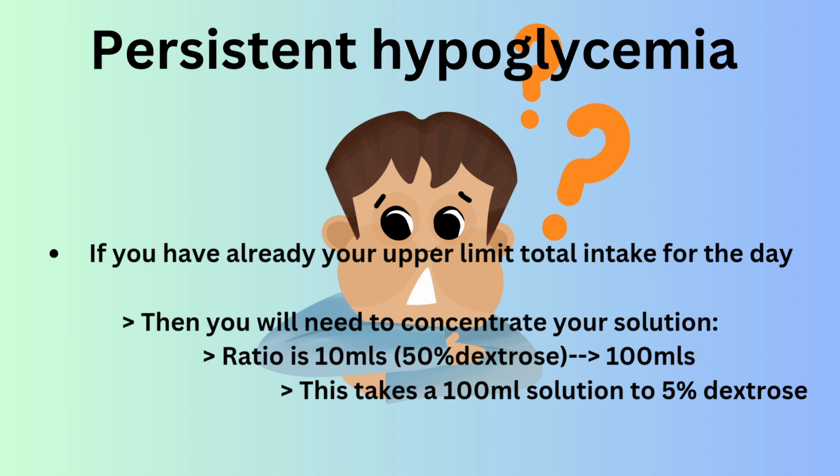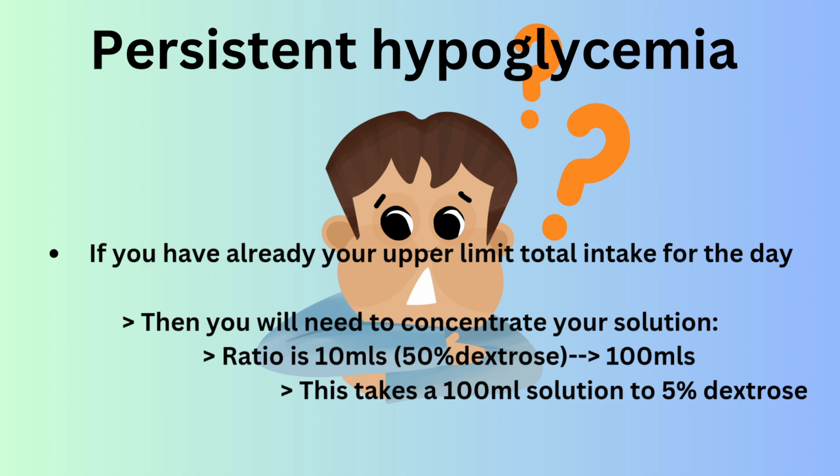Remember, we've said we're using a peripheral line, you can go up to a 12.5% solution. If you go more than 12.5% solution, you're going to need to have this neonate on a central line or a UVC, as high glucose concentrations can cause thrombophlebitis.